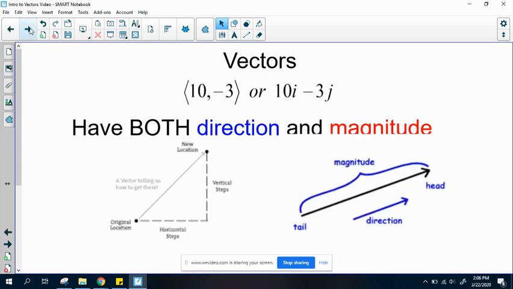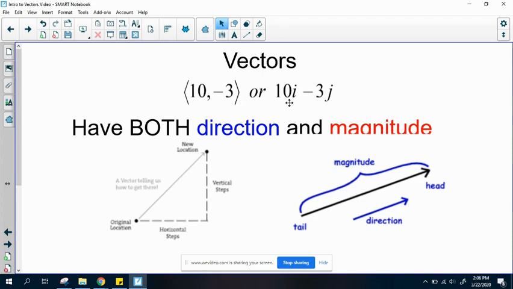A few things about vectors: a vector has to have a direction and it has to have a magnitude. It can be written in two different ways. These are really interchangeable. You can see them with these brackets around them. So it's not parentheses. Parentheses indicate a point, but if you see these brackets, that's a vector.